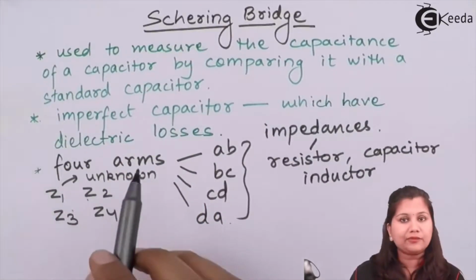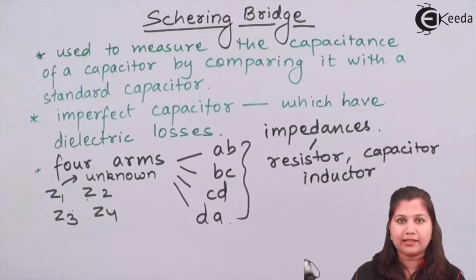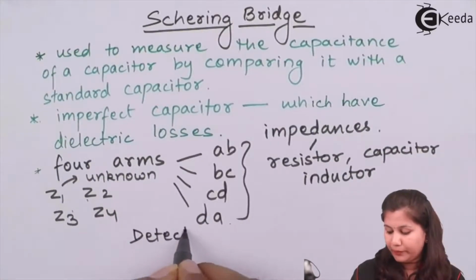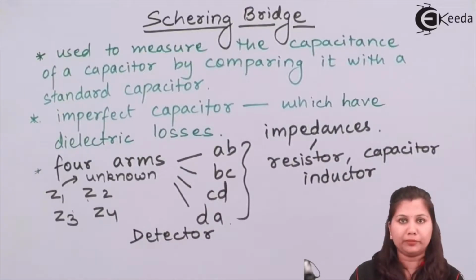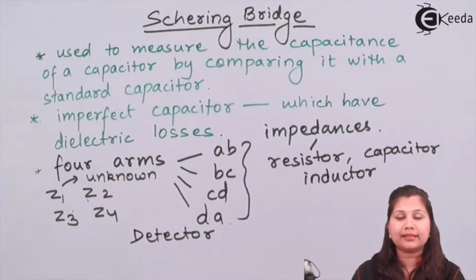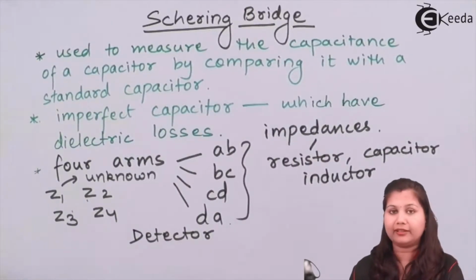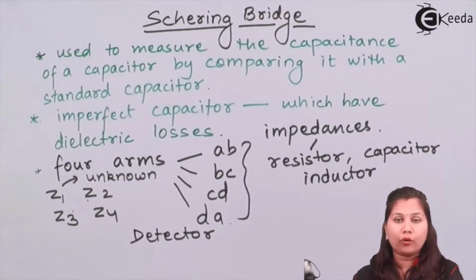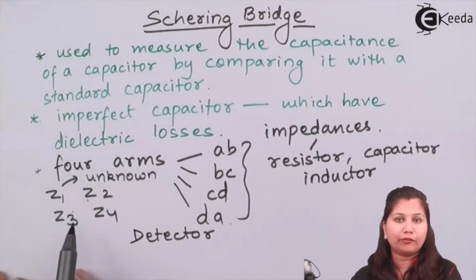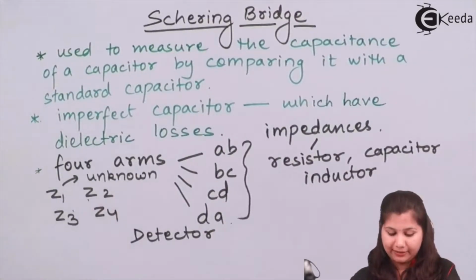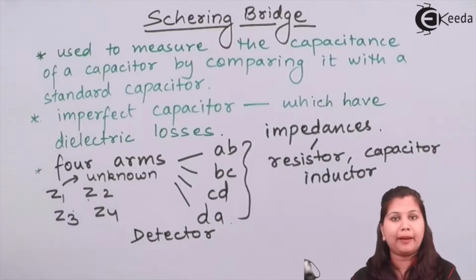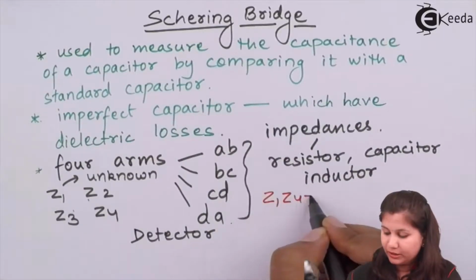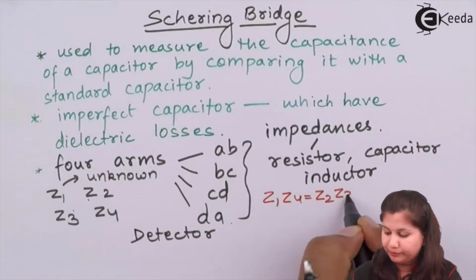Now other than these 4 arms, the alternating current bridges also have a detector which is used to obtain the balance condition for the bridge. Balance condition means when the detector gives us the null deflection, then the impedances in the 4 arms will be balanced and can be described by a balance equation, which is Z1 Z4 is equal to Z2 Z3.